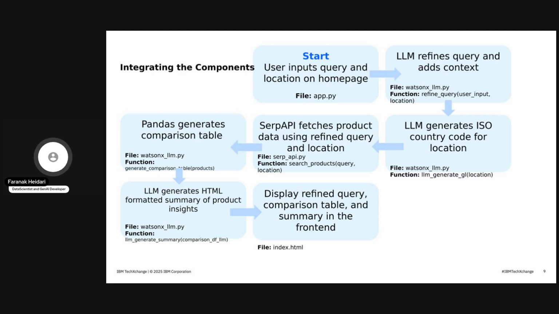SERP API fetches products, and it uses that refined query and location. Then we use the pandas library to generate a comparison table based on the products and feed that table into the LLM again. The LLM then generates an HTML formatted summary of the products and displays the refined query, the comparison table, and summary in the front end.